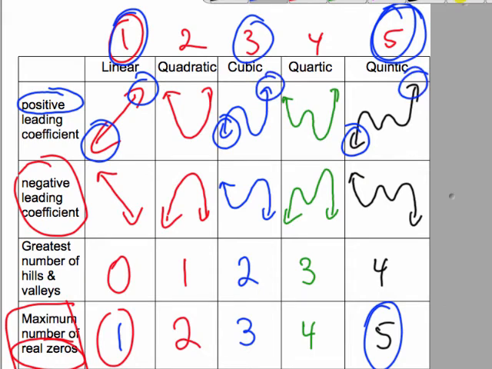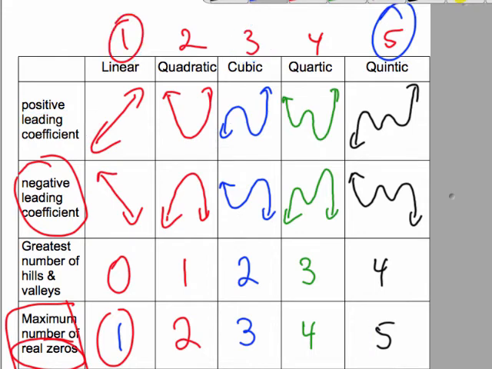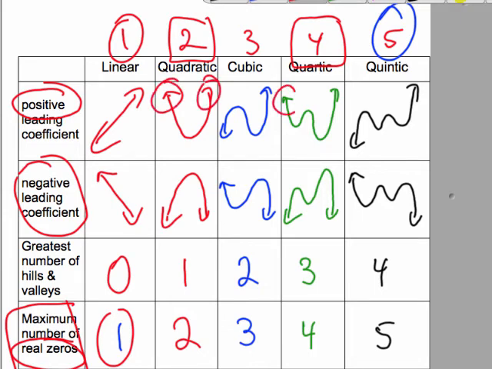If you're dealing with even degree polynomial functions, 2 and 4, and the leading coefficient is positive, the graph begins in the upper left in quadrant 2, comes down, and ends up in quadrant 1. And this will be the case for all even-degreed polynomial functions with a positive leading coefficient. If your leading coefficient is negative, then what I just described with positive leading coefficient gets reflected across the x-axis and you make the adjustments.